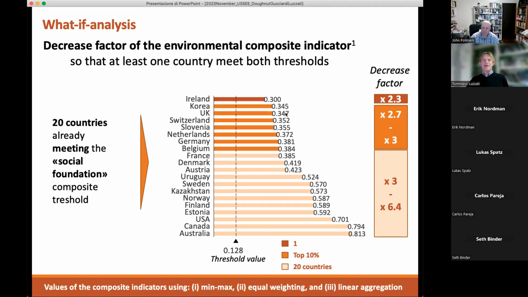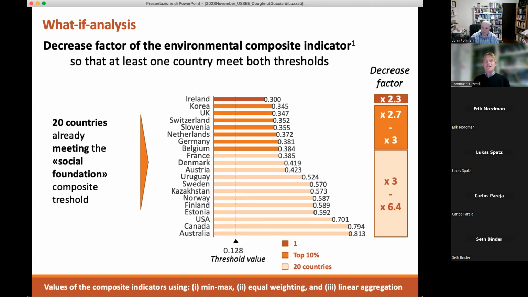And so Ireland should decrease something in the donut, going from 0.3 to 0.1, say. And of course, it is difficult to assess exactly what this figure says.